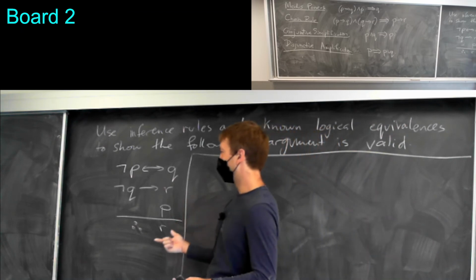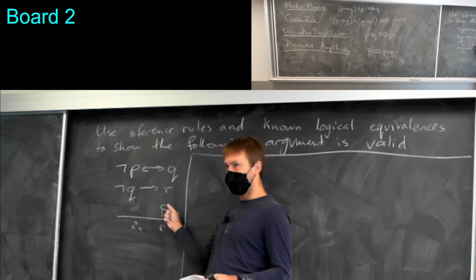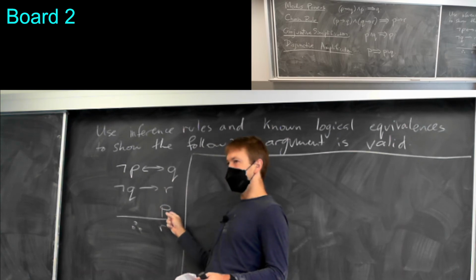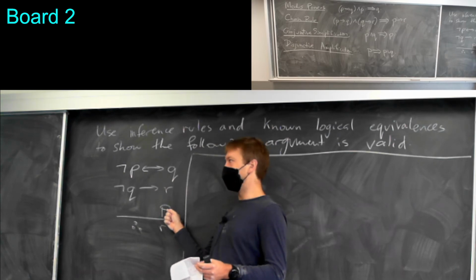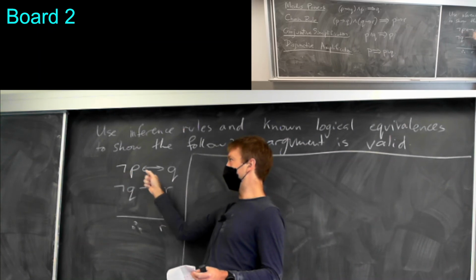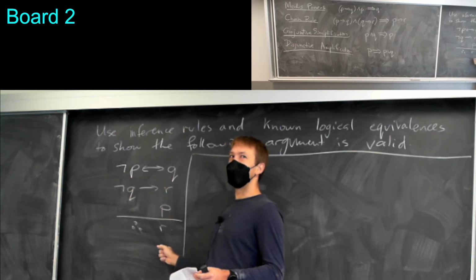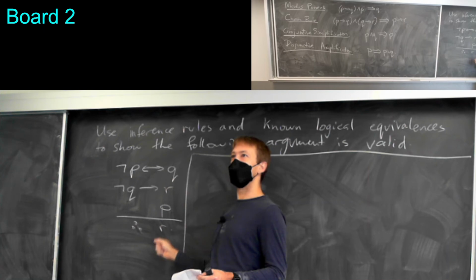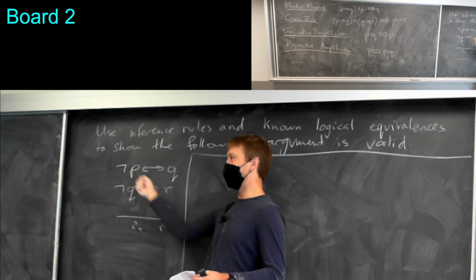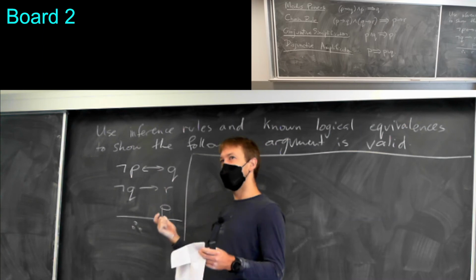Morally speaking, why is this true? If P is true, that would tell me not P is false. That would tell me that Q is false. That would tell me that not Q is true. And so R is true. It makes sense if you go through it in this pinball-bouncing-around way, you can figure out that this is valid.